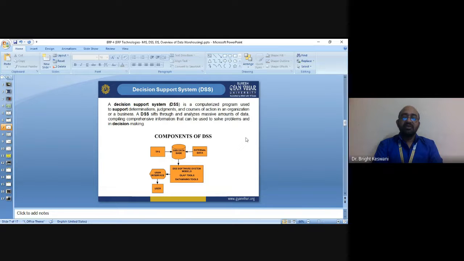When we talk about non programmable decisions, the rules are not fixed, and it requires the user every time to go through the decision making cycle.